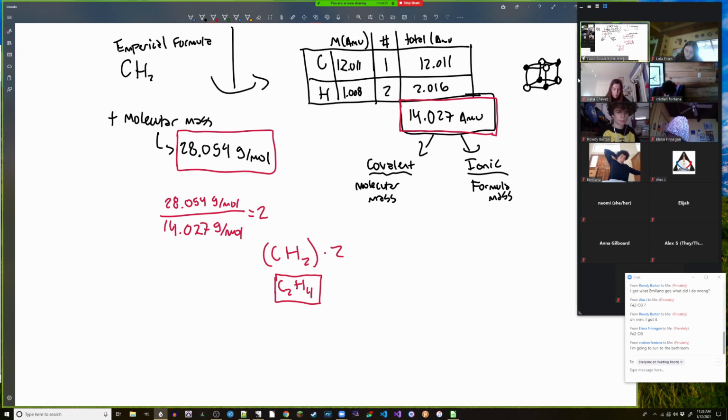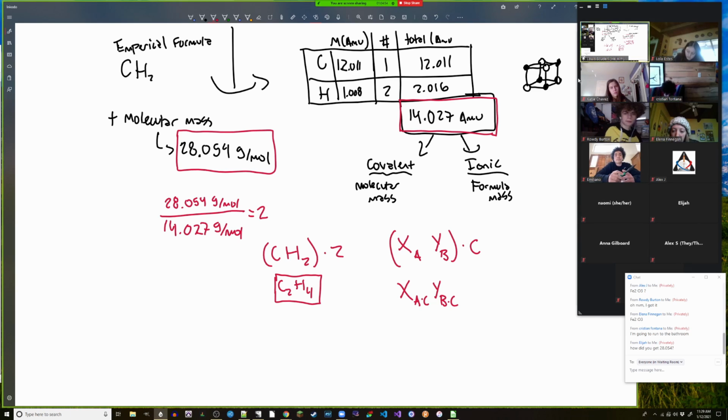That's all. One way to do it is, I don't know, what would I call it? If I have element X and element Y, and I found out that this number here was C, I guess, the actual formula would be like that.